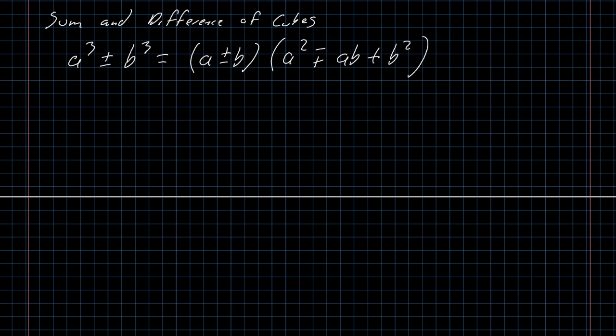When you have a cubed plus or minus b cubed, it is going to factor to a plus or minus b times a squared minus or plus ab plus b squared.